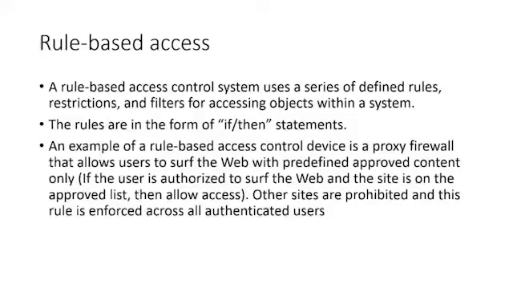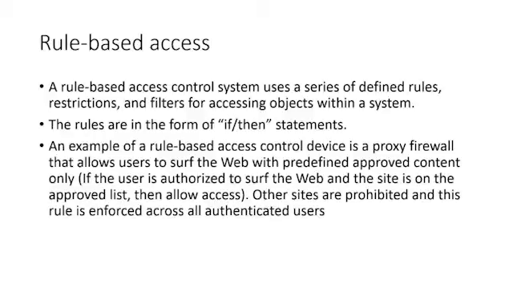So, if the user is authorized to surf the web and the site is on the approved list, then we're good. We're allowing access. But other sites might be prohibited. We're saying no, and this rule is enforced across all authenticated users. So it doesn't matter what type of role you have. It doesn't matter if you created the data.